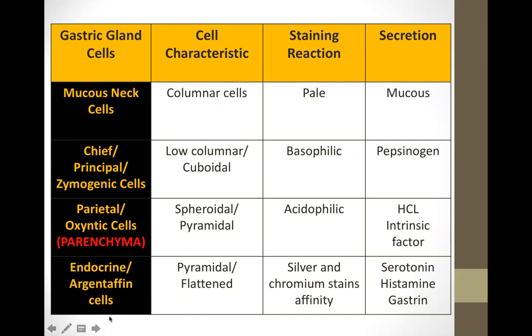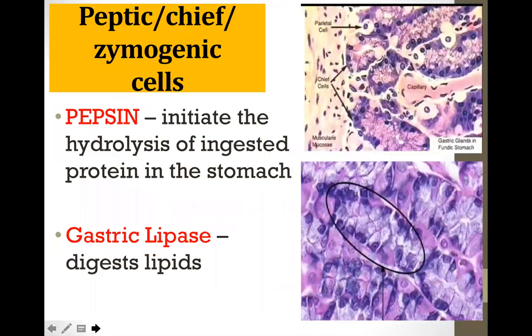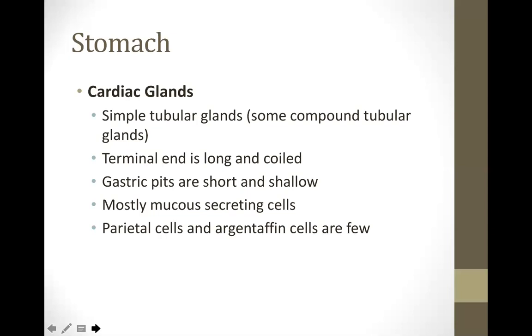But for the endocrine or argentaffin cells, you need special stains, such as your silver and chromium stains. Basically, their secretion is serotonin, histamine, and gastrin. Okay, gastrin promotes acid secretion, while your serotonin inhibits your gastric secretion. Okay, sorry, forgot that. Okay, going back to the glands.